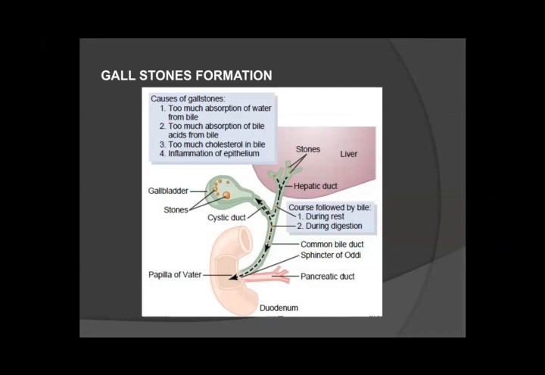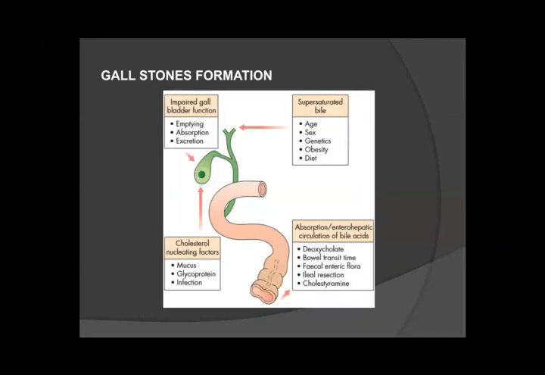All right. Now, to look further into the formation of gallstones, it starts with supersaturation of the bile, right? There are different factors that lead to supersaturation of the bile: age, sex, male or female, genetics, obesity, and the diet of the person involved. Further on, we look at impaired gallbladder function.